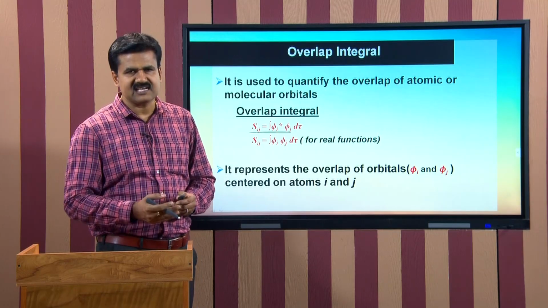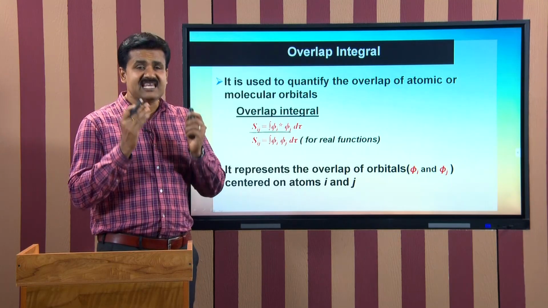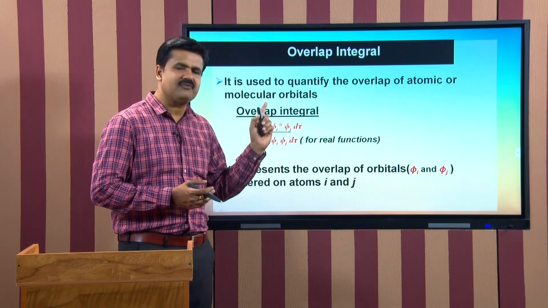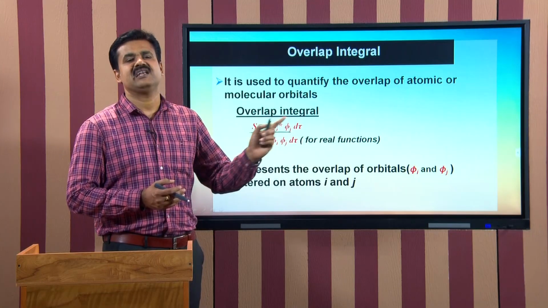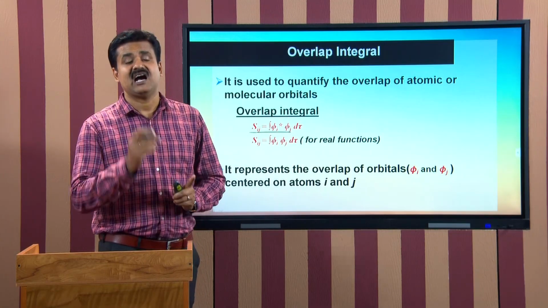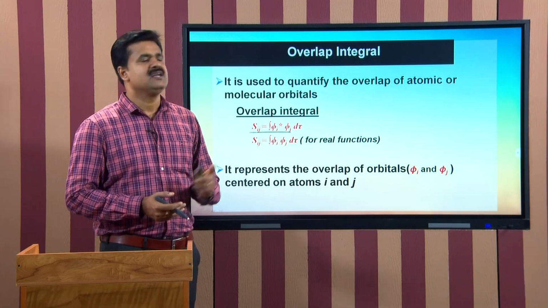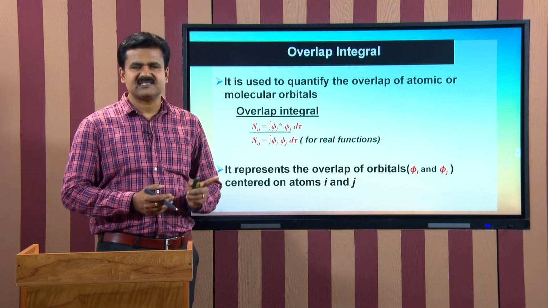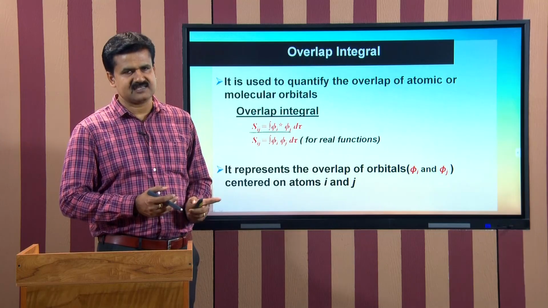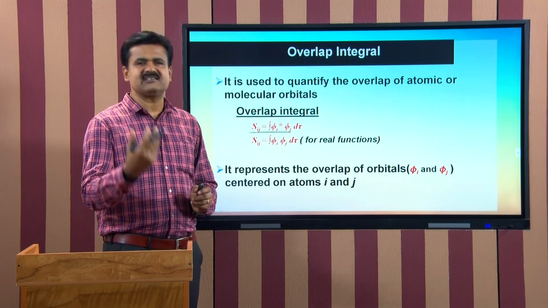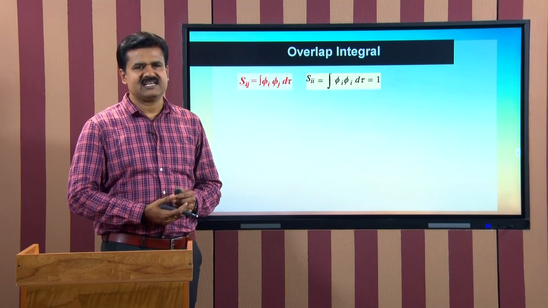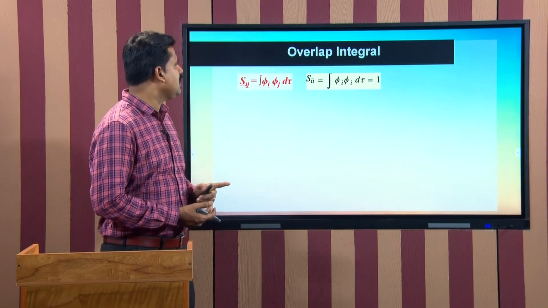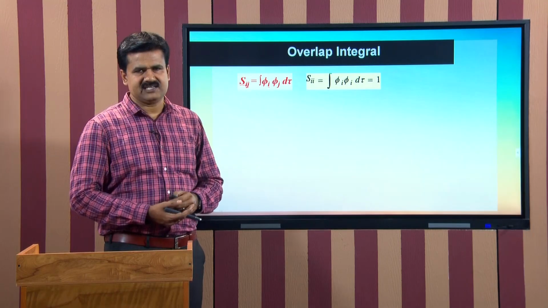It should be noted that the overlap integral Sij represents the extent of overlap of orbitals phi i and phi j centered on atoms i and j. This overlap integral is highly important as far as HMO theory is concerned. Now we can move on to some details of the overlap integral. Here Sij equal to integral phi i phi j d tau.